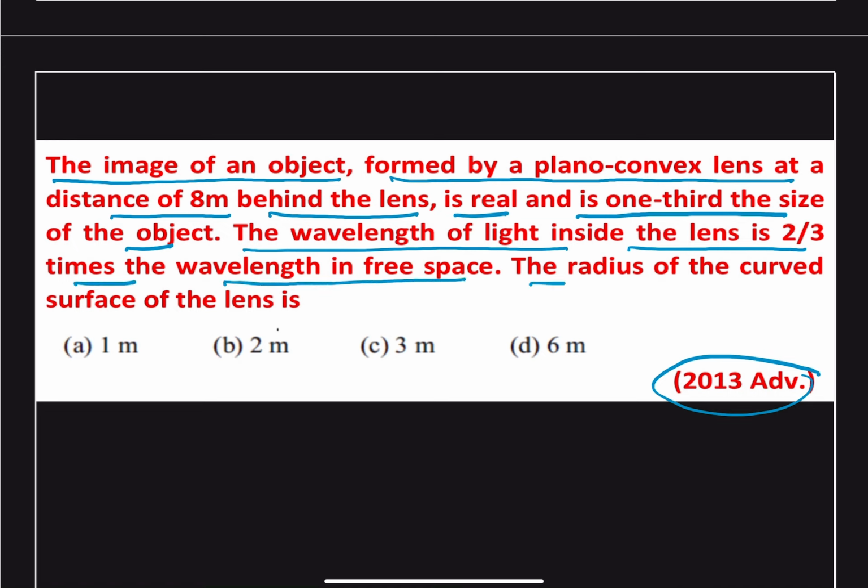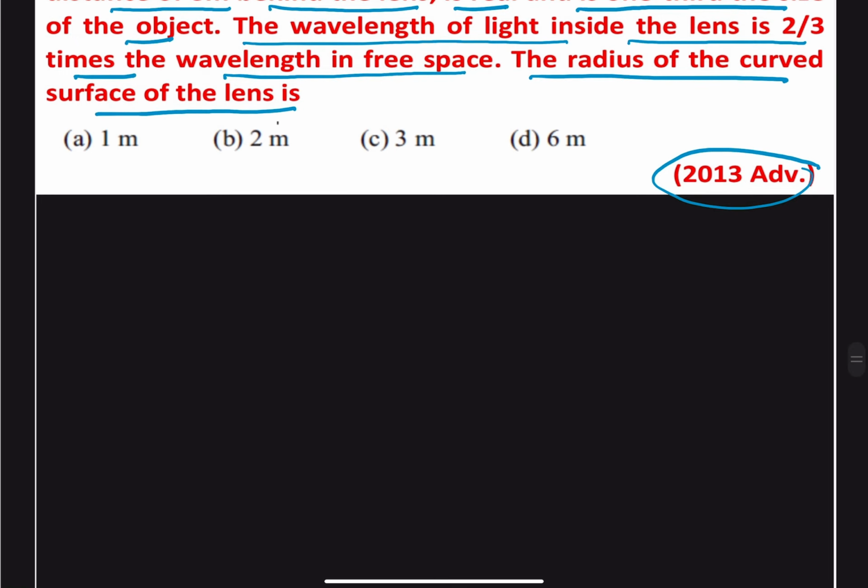The radius of the curved surface of the lens is. So here we are given that the image is real and 1/3 the size of the object. So indirectly we can get the magnification. So we start from there only.